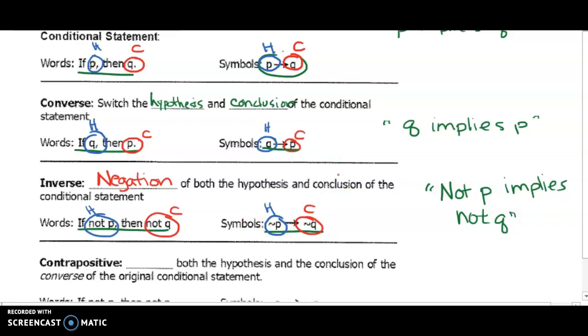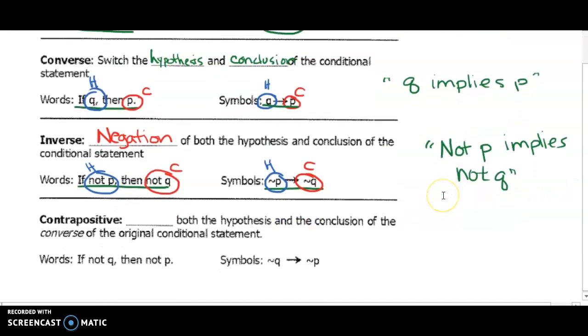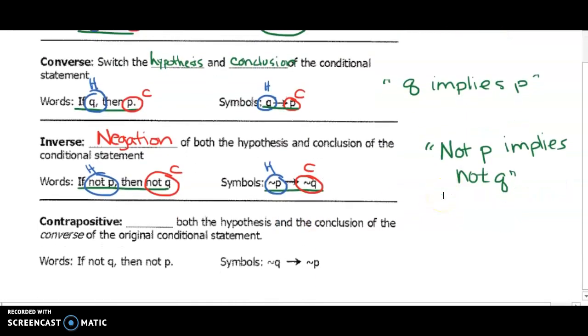All right, one more. Now we have the contrapositive. We're doing a few things when compared to the conditional statement. We are switching the hypothesis and conclusion of the conditional statement, and we're negating them.